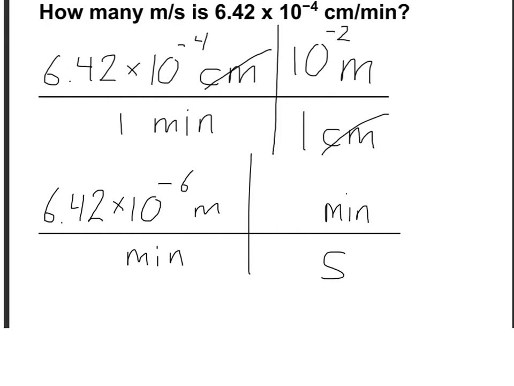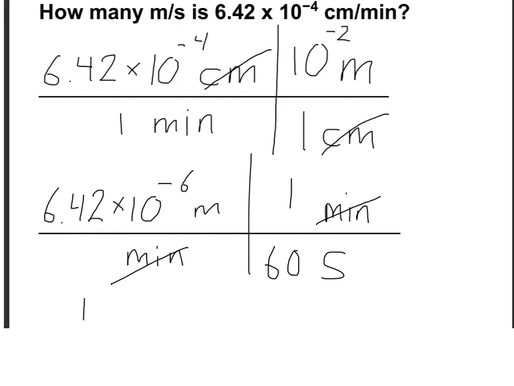The reason this minute was written on the top is because minute was on the bottom over here, and I want to cancel out these two things. So for every 1 minute, there is 60 seconds, and that's going to allow me to cancel out those minutes. And so consequently, I end up with 6.42 times 10 to the negative 6 divided by 60 meters per second. And that gives me this as my answer.